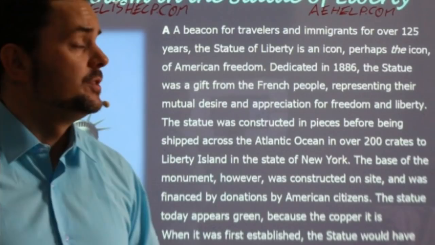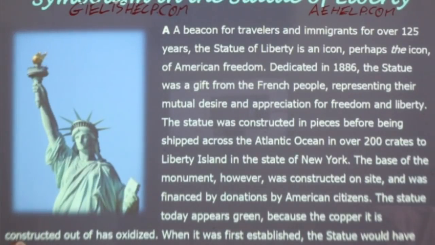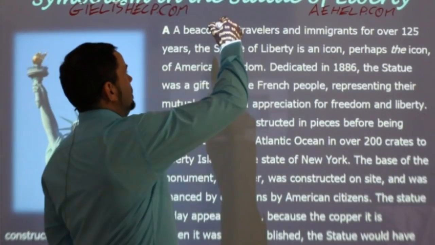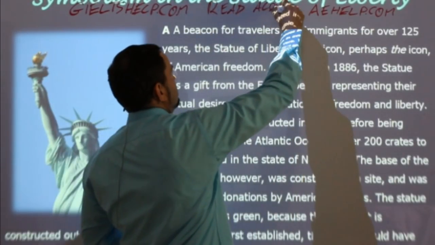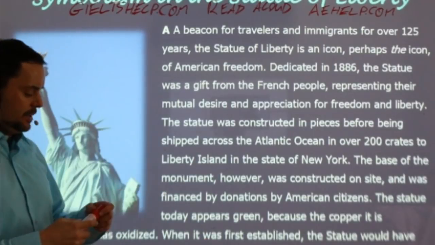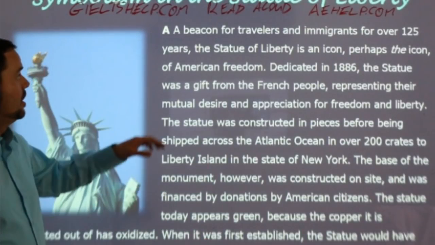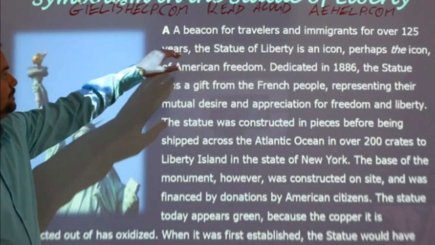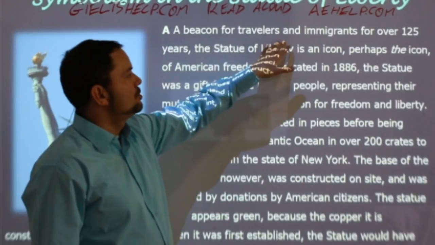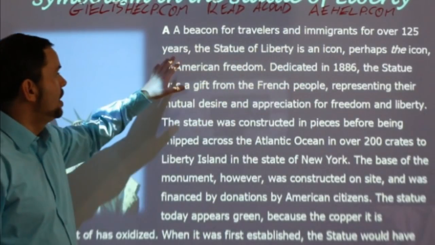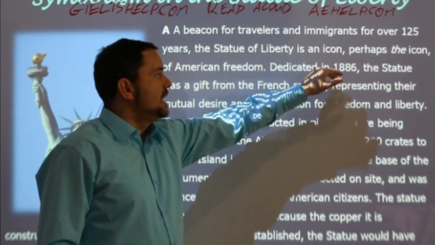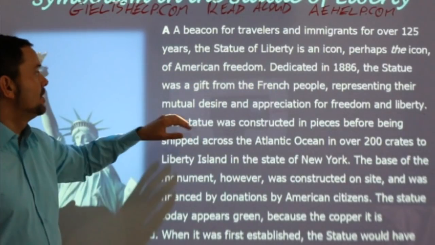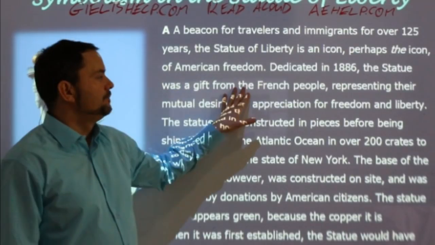Let's read together. Students, practice your aloud reading. Read with me. Read aloud. All right, here we go. Paragraph A. A beacon for travelers and immigrants for over 125 years, the Statue of Liberty is an icon, perhaps the icon of American freedom.